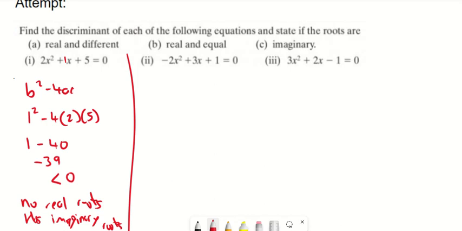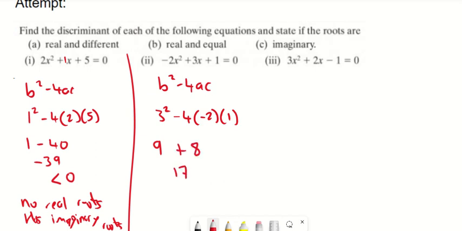So the second one, we get b squared minus 4 times minus 2 times 1. So that's 9 plus 8. So that's just 17, so that's greater than 0.